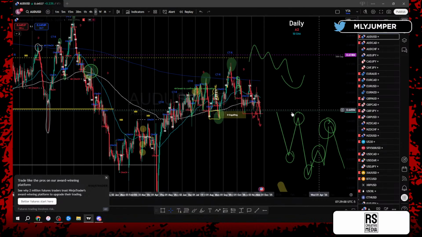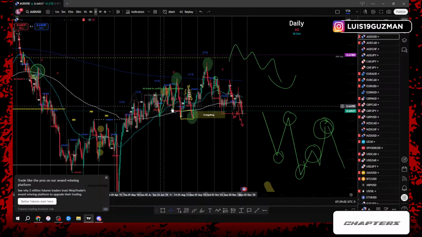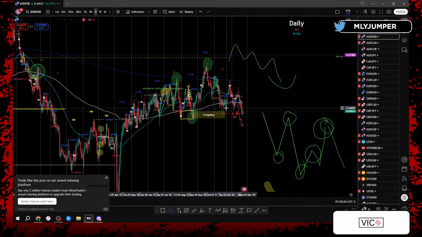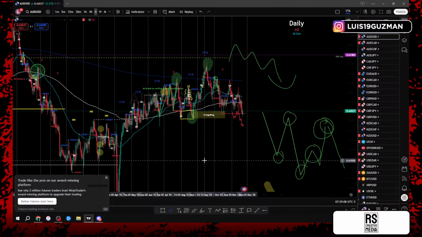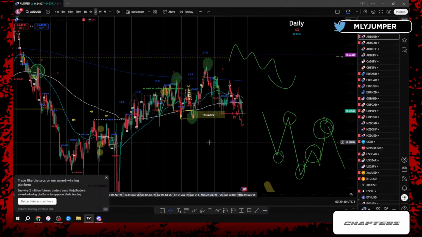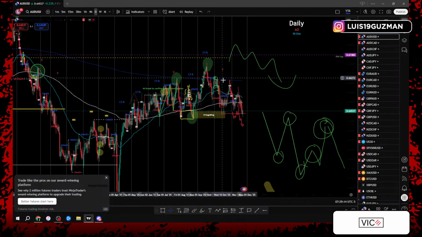First and foremost, what do we see? We have a daily time frame shoulder head shoulder, a bearish shoulder head shoulder. Now, is this a valid shoulder head shoulder? Yes, 100% it is a valid shoulder head shoulder.